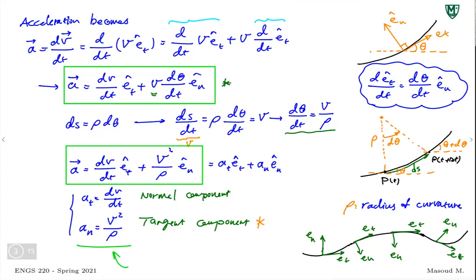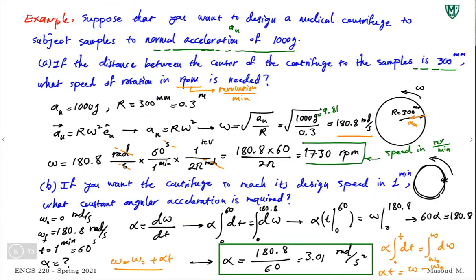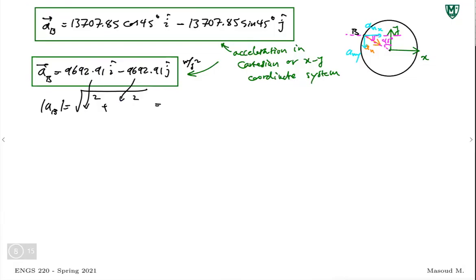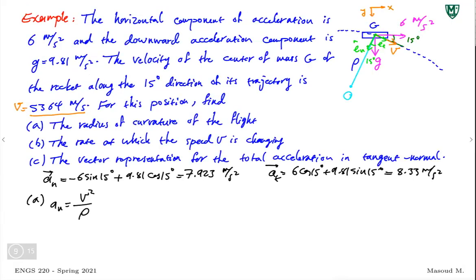I'm given the value of v, and I know now what a_n is by decomposing those components, so I can find rho. So the radius of curvature is v squared over a_n.